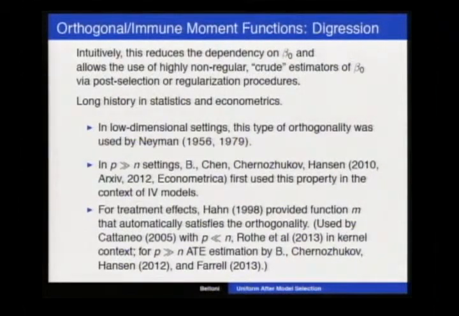And this type of more robust estimator, which uses this orthogonality to avoid the non-regular aspects of beta hat, has been used in the low-dimensional case by many other authors.